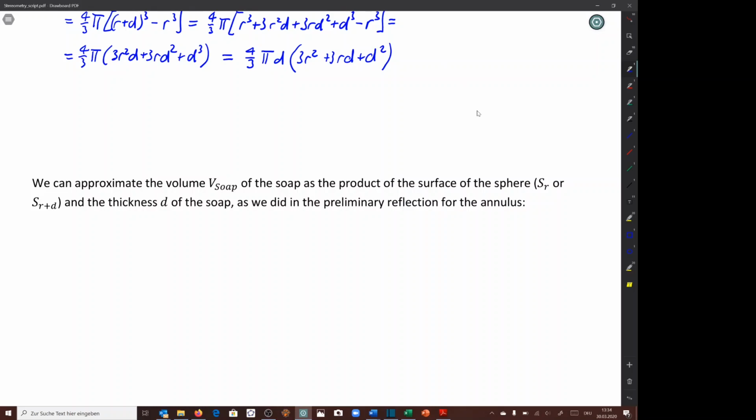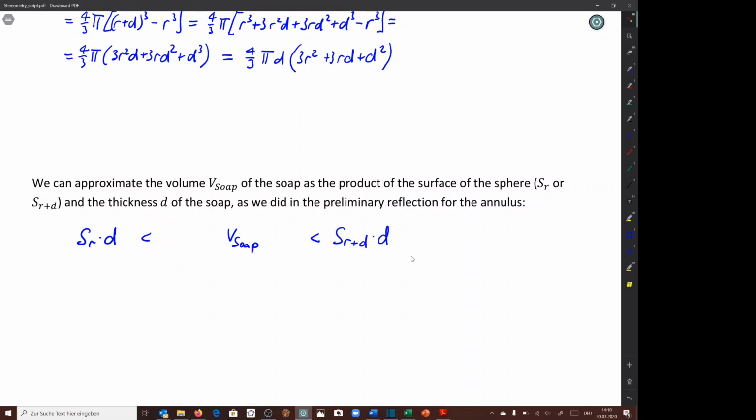So we use the surface of the inner sphere and we multiply it by the thickness d of the soap to approximate the volume. This means the surface of the sphere with radius r times d is an approximation of the correct volume of the soap, but an approximation we know that it is too small.